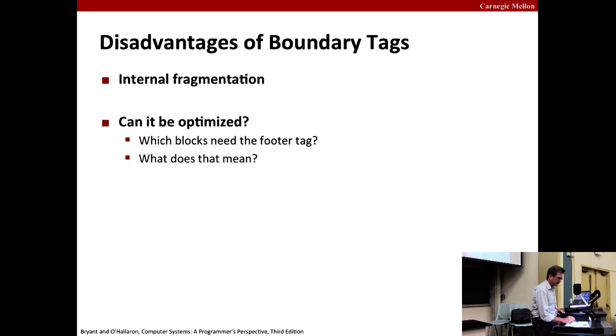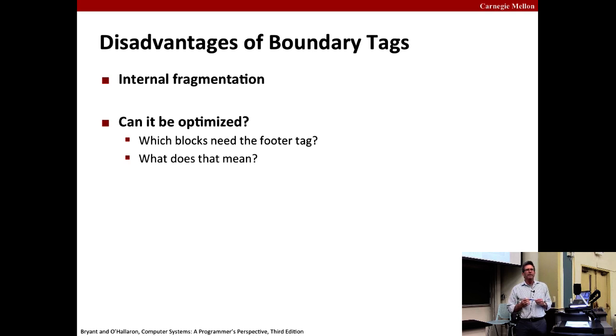We need to know its size, so that we can go back and update this size to include the total coalesced size of those 2 blocks. So is that clear? Yes?